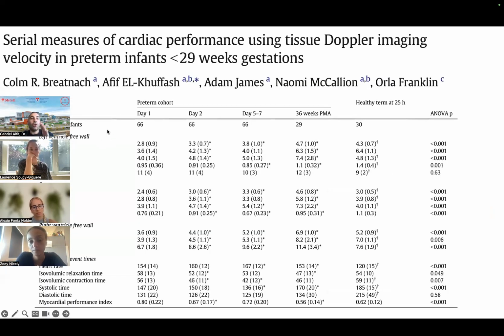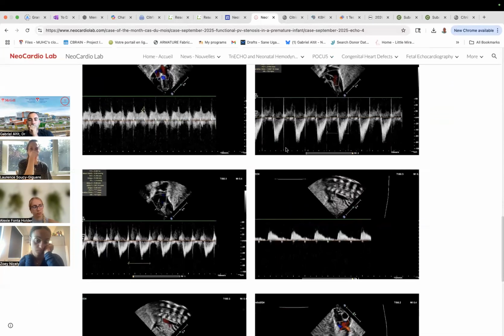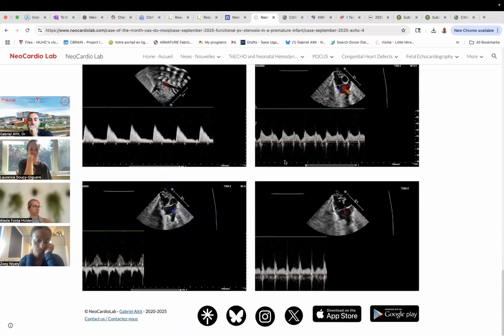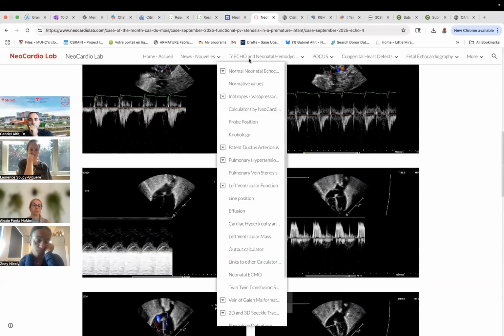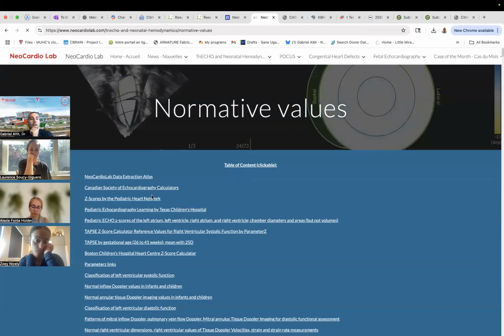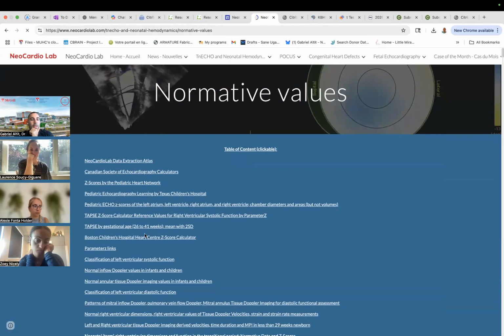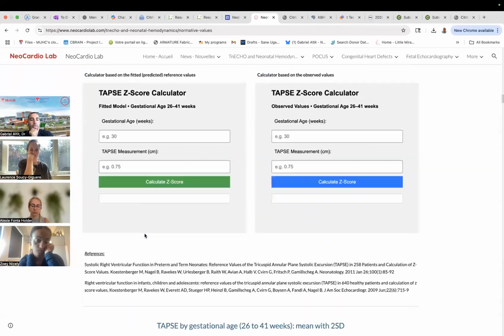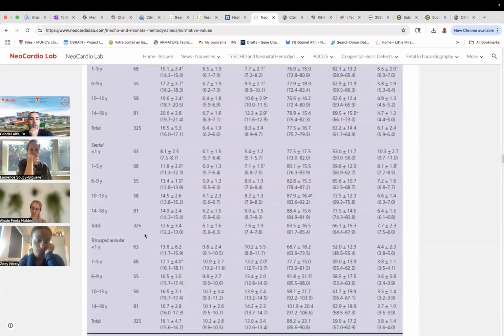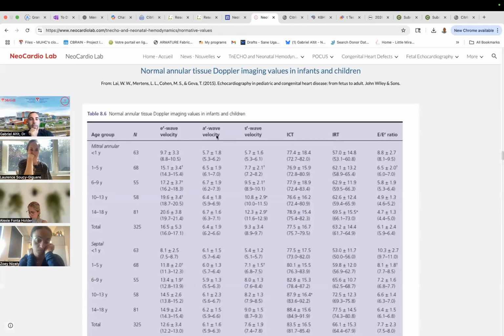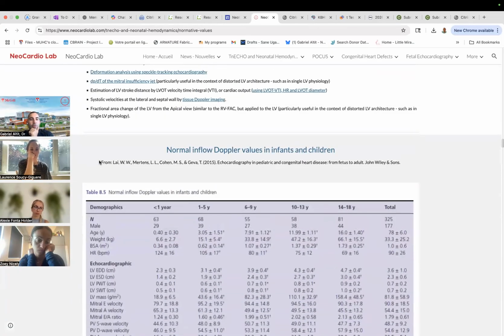Okay, I'll skip. There are normative values in the term and preterm. They're also reference values, so you can go into normative values, and you'll have the E to A prime for less than a year old.